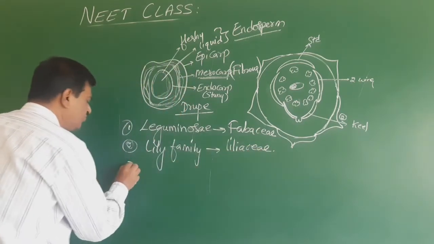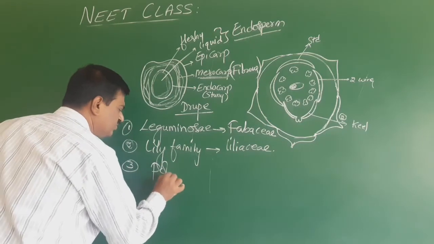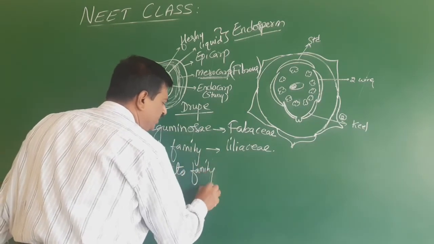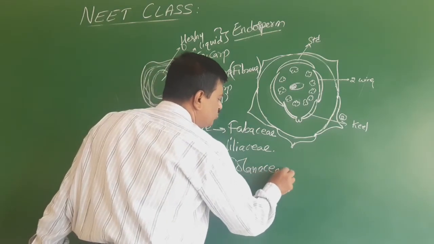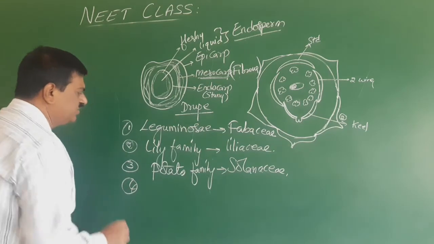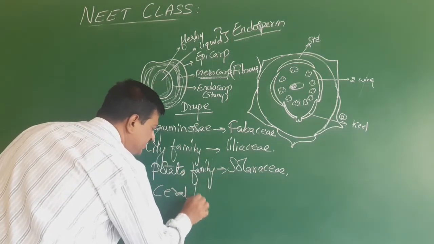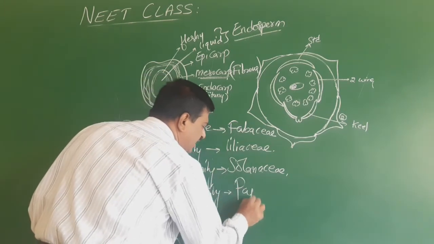The third one is usually called the potato family, and this potato family is nothing but Solanaceae. And the fourth one is usually called the cereal family, and this cereal family is nothing but Papilionaceae.